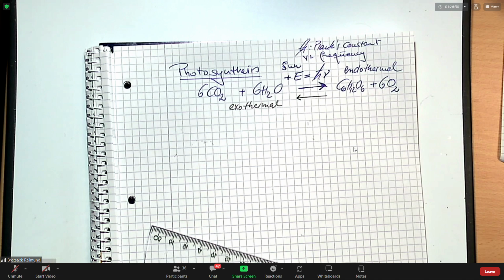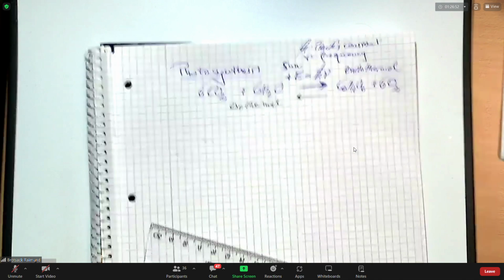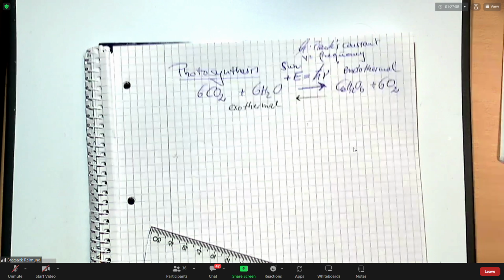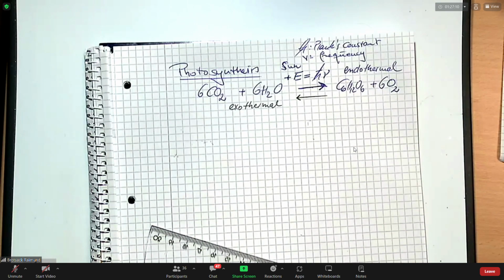So biomass is stored sun energy. It's automatically a stored form of sun energy. We don't have to create batteries. We don't have to transfer anything into hydrogen, whatever we have to do. Biomass is by its nature stored sun energy.